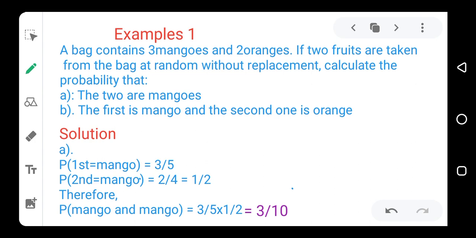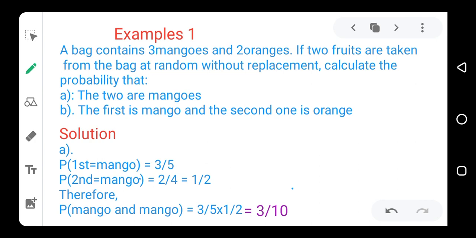Now, that means that since we have 3 mangoes and 2 oranges, to solve question A, the probability of getting 2 mangoes, picking the first mango, it is going to be the total number of mangoes over the total number of fruits we have.